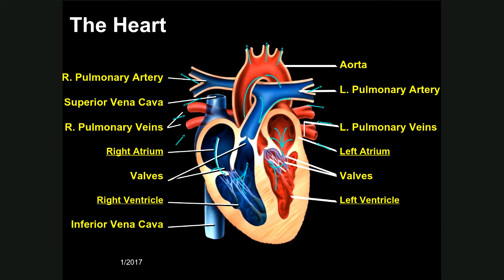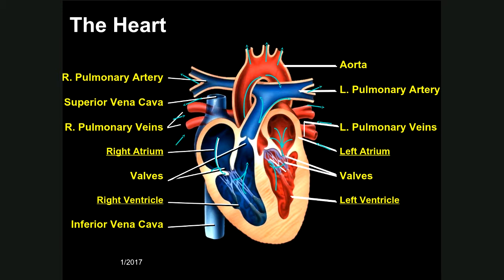You have the superior vena cava, which pumps blood to the upper part of the body. Then you have the right pulmonary veins, where the oxygenated blood is heading towards the heart.